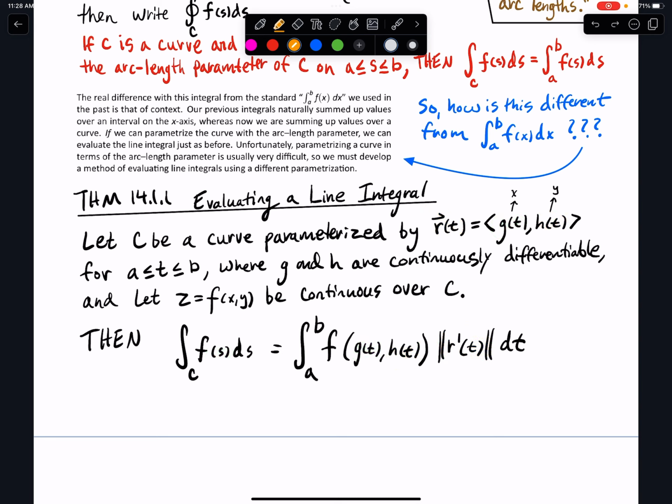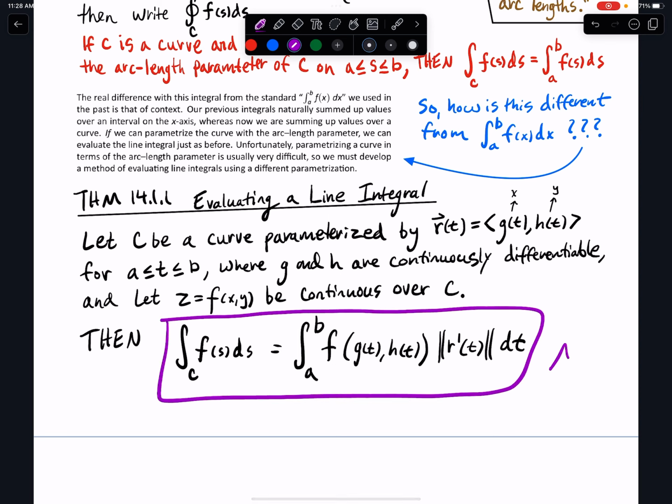So if you get nothing else, you need this right here. This is your key to help you avoid having to find the arc length parameter, which is really hard to do.